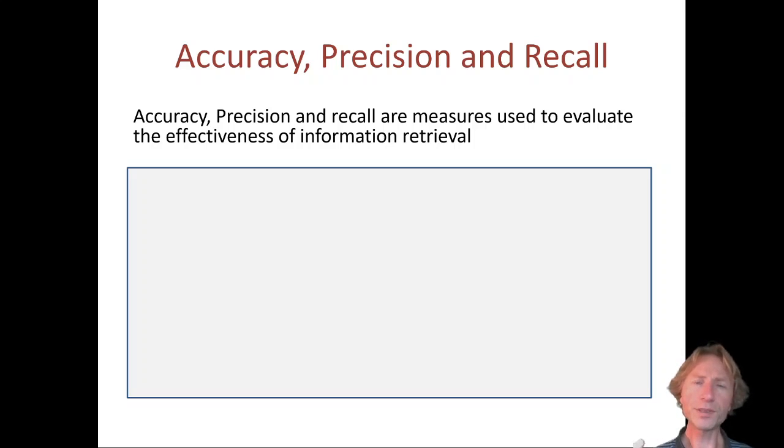And to help decide what are good intrusion detection systems, we often use terms such as accuracy, precision, and recall. Measures to evaluate the effectiveness of information retrieval in general. So these are terms that come from information retrieval. Now, what we're trying to retrieve here is also some kind of information, namely whether or not something is an attack.